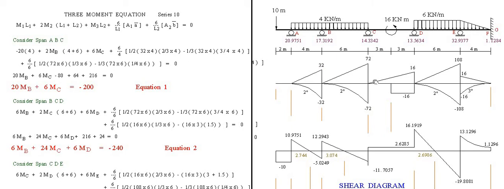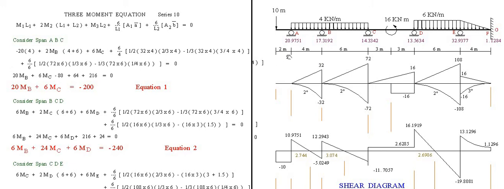Okay, so we go now to the substitution into this equation. We always consider 2 spans at a time for this 3-moment equation. The first one, the moment on the left: the moment at A is not equal to 0, but the moment is 10 by 2, and it is negative, or minus 20.